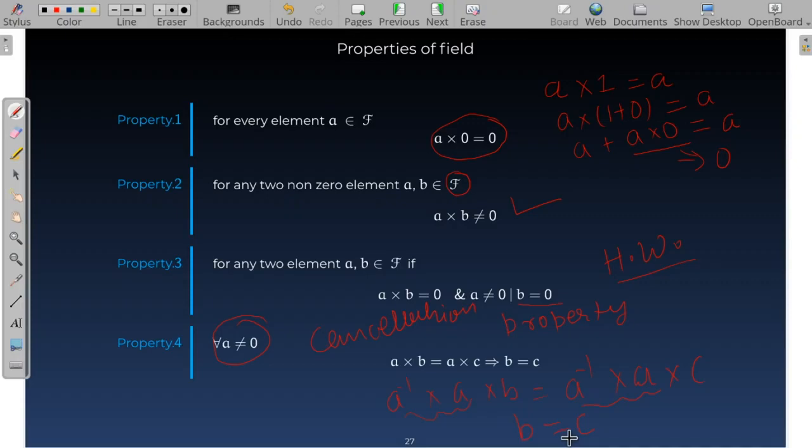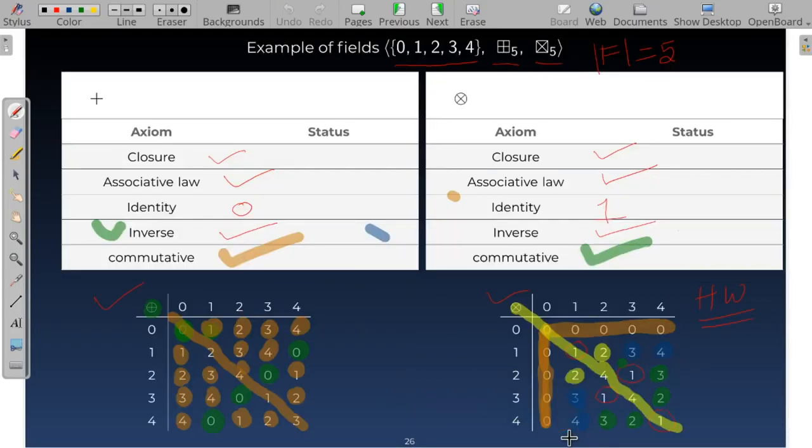So with the discussion of these four properties, I'm going to conclude this lecture today. In the next lecture we are going to see finite fields like this one, 0, 1, 2, 3 and 4 under modulo 5 multiplication and modulo 5 addition, and we are going to see certain interesting properties of this group and of these fields, and these are the kind of fields that we are actually interested in, finite fields.